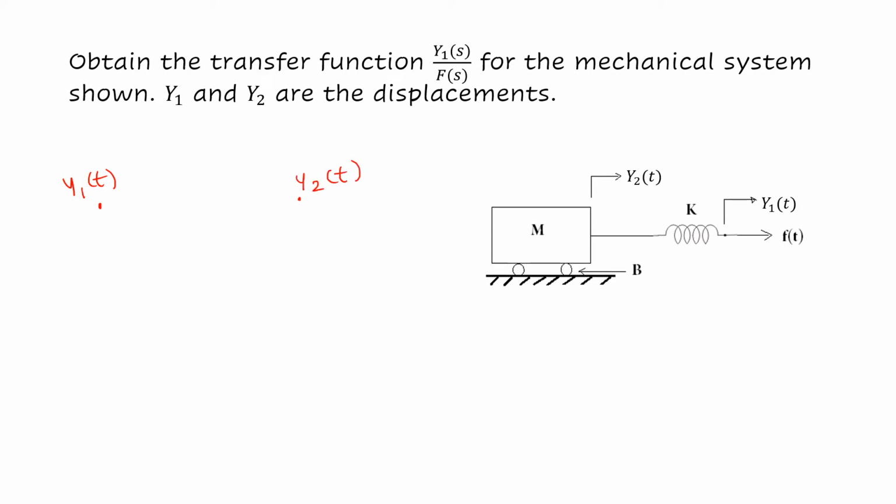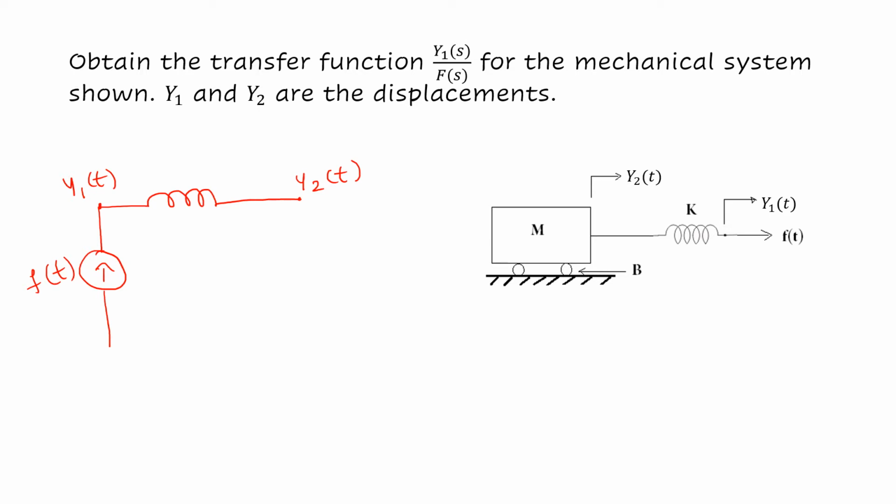Between the two displacements, we have the spring k, so we represent the spring k between the two nodes y1 and y2. Next, the applied force which causes displacement y1: we represent the force F of t, using the same notations given in the mechanical system.